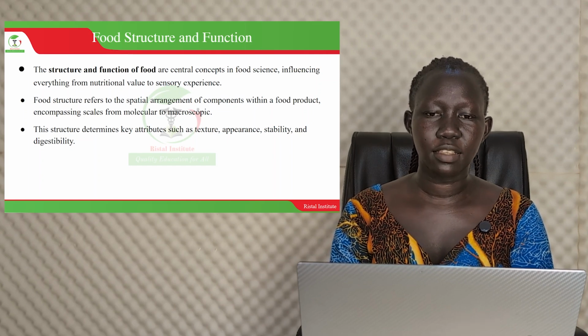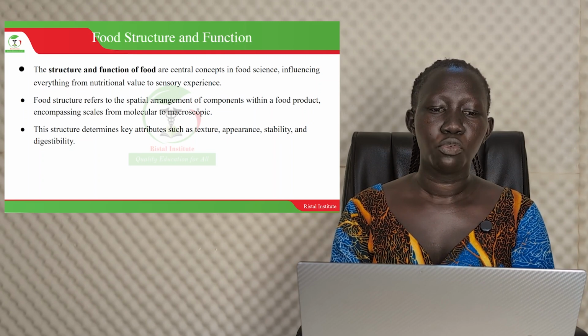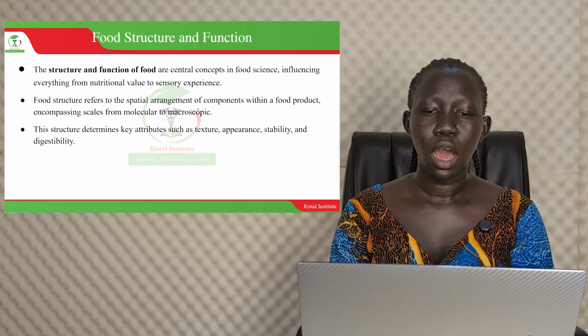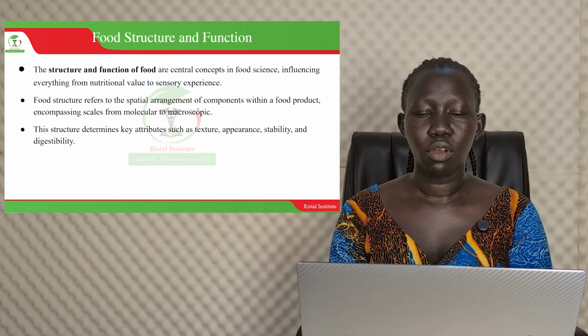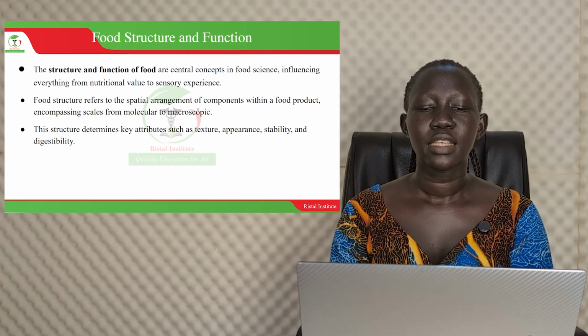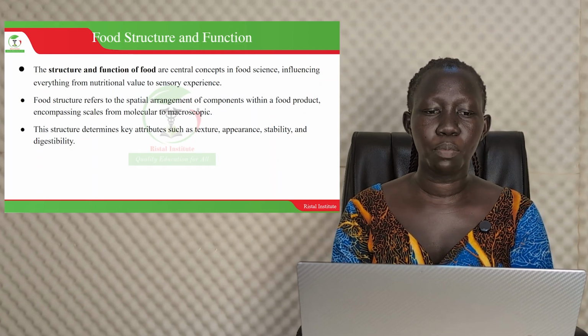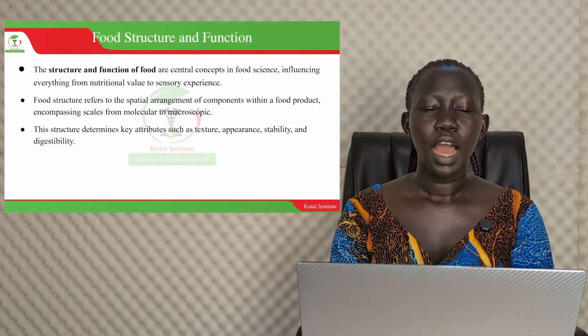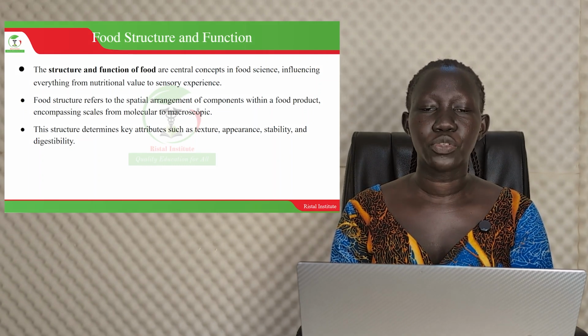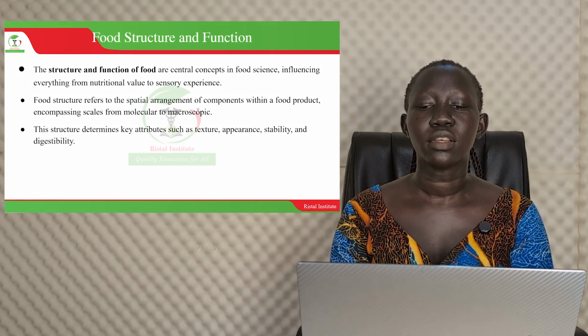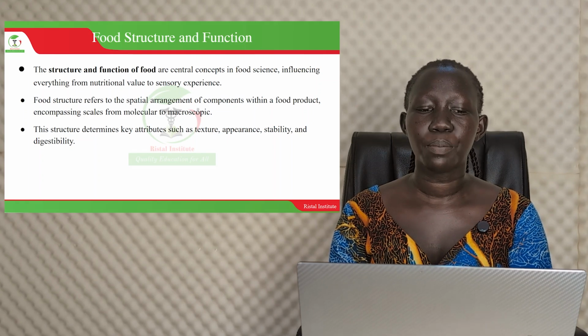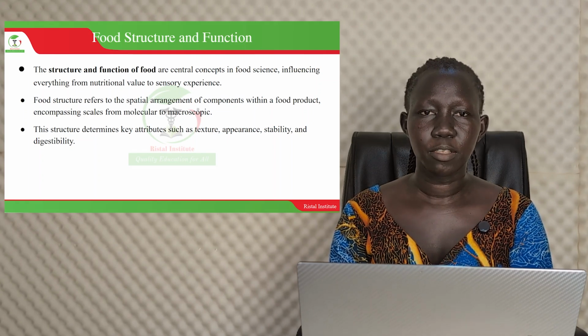All these are aspects that encompass the food structure. How the different elements in these food components are arranged inside the food particle. And this structure determines the key attributes of food, such as the texture, the appearance, the stability, and digestibility.